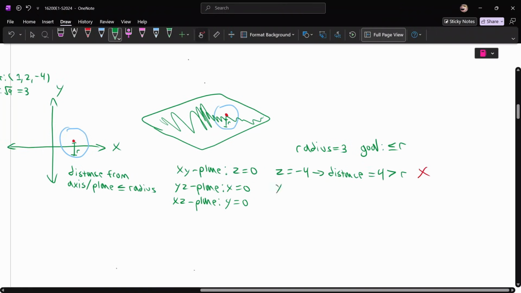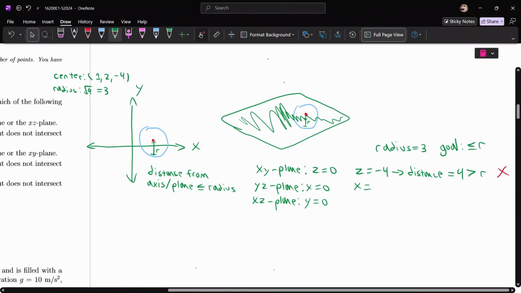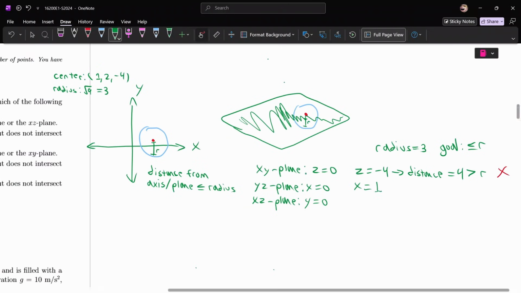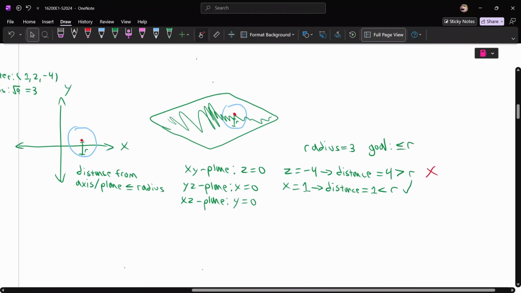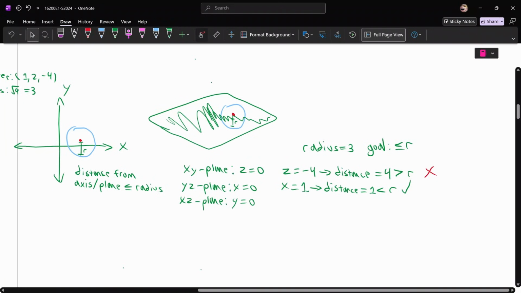And then on the yz plane, now we can focus on x. We know that x in this case is equal to 1, so the distance equals 1, which is less than r. So in this case, the yz plane does intersect. And then looking at the last case, the xz plane, we're going to focus on the y coordinate.